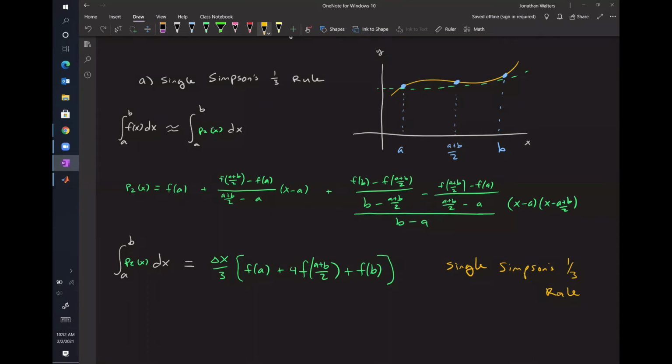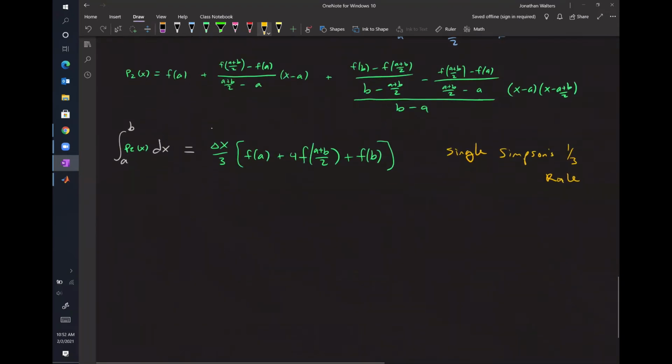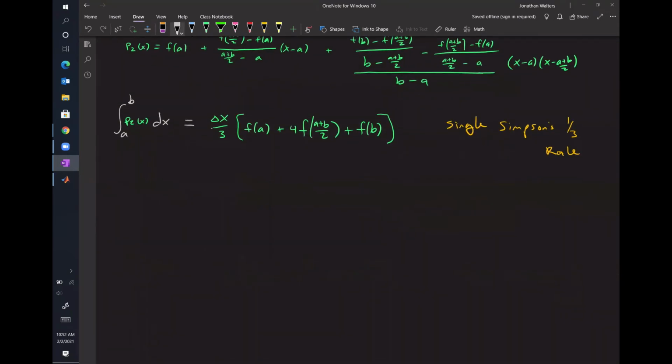Now, what can we do to make this better than just using a single quadratic function over the whole interval ab? Well, we could use a bunch of consecutive 2-interval interpolations of quadratic functions. So part B would be the composite Simpson's 1/3 rule.